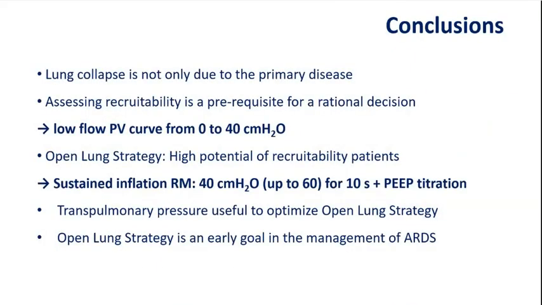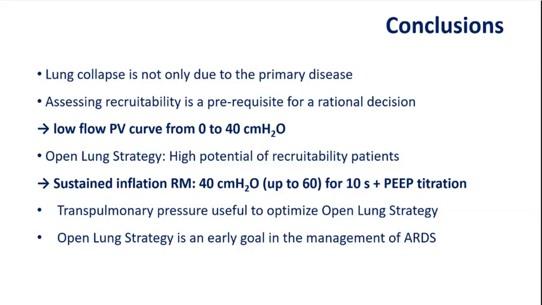So to conclude, lung collapse is not only due to the primary disease, it's also our treatment that worsens lung collapse. Assessing recruitability is a prerequisite for a rational decision about the open lung strategy. And for this, a very easy tool is a low-flow PV curve.